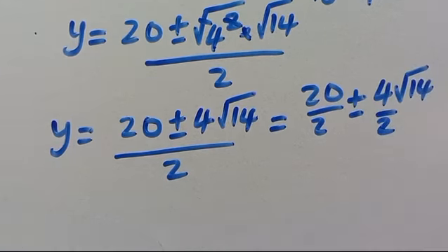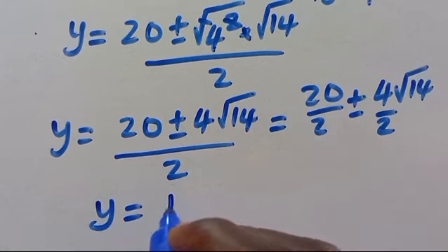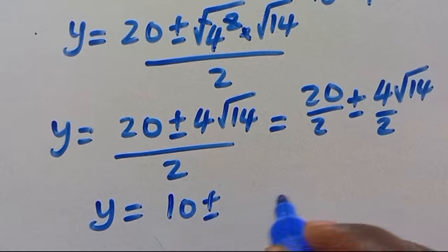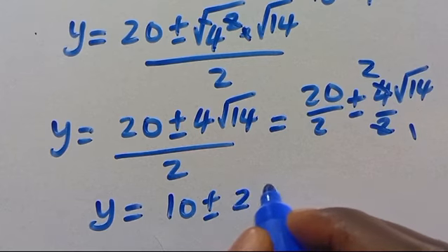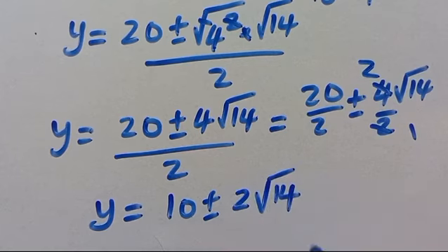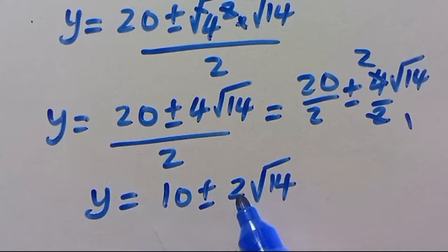We have y, 20 divided by 2. This will give us 10 positive or negative. 2 here is 1, 2 here is 2. This will be 2 multiplied by root of 14. So we have 10 positive or negative 2 multiplied by root of 14.